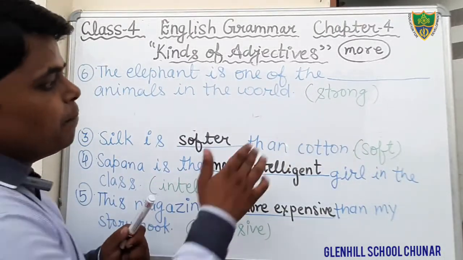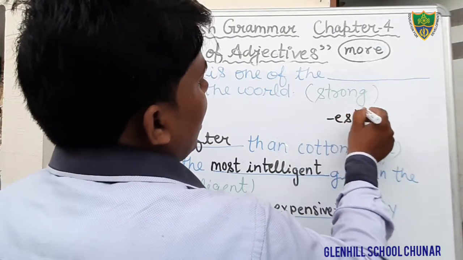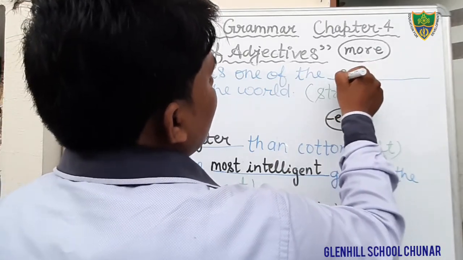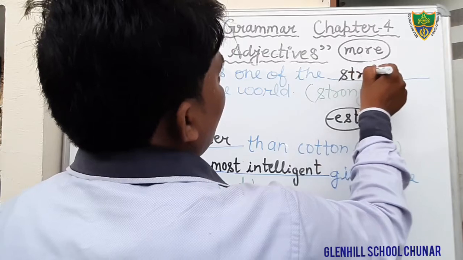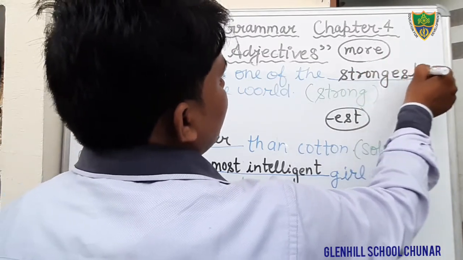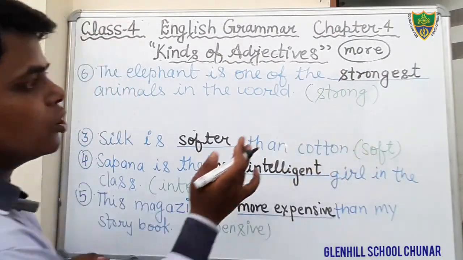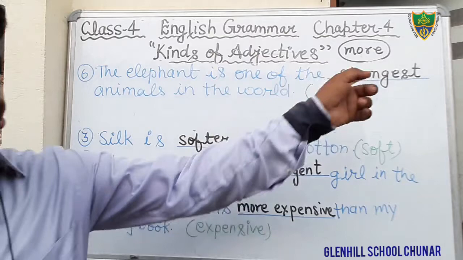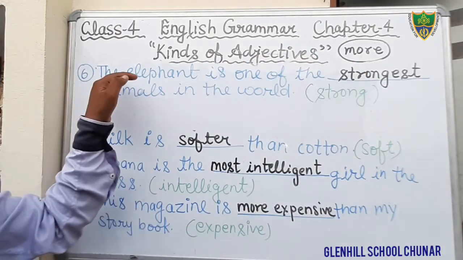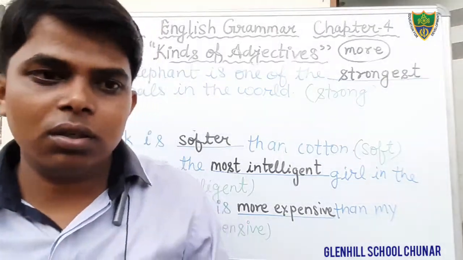We generally make superlative degree by adding "est". Strong is positive, we will add "est": strongest animal in the world. So we will fill here the word strongest. The sentence will be: the elephant is one of the strongest animals in the world.